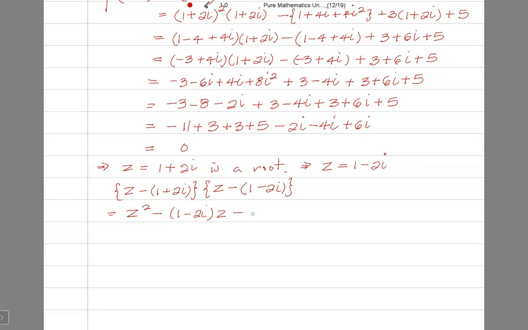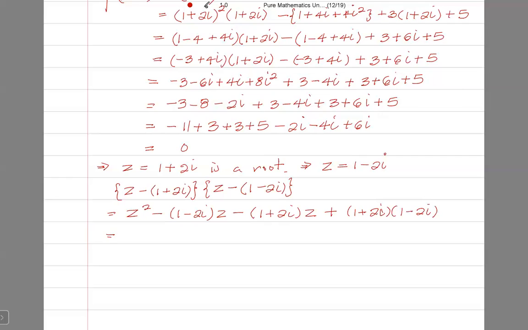Multiplying the other gives me minus (1 plus 2i) z, and then a negative times a negative is a positive, (1 plus 2i) multiplied by (1 minus 2i).